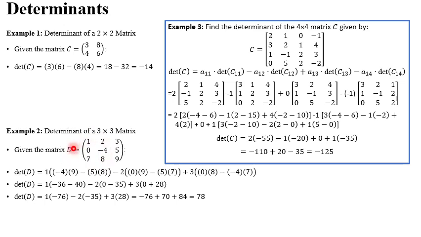Say the matrix is in this form. So the determinant will be, you write down 1, then you say minus 4, and you'll be left with this 2 by 2 matrix when you cover the row and the column relative to the first element in the first row. So you now have minus 4 multiplied by 9 minus 8 times 5.